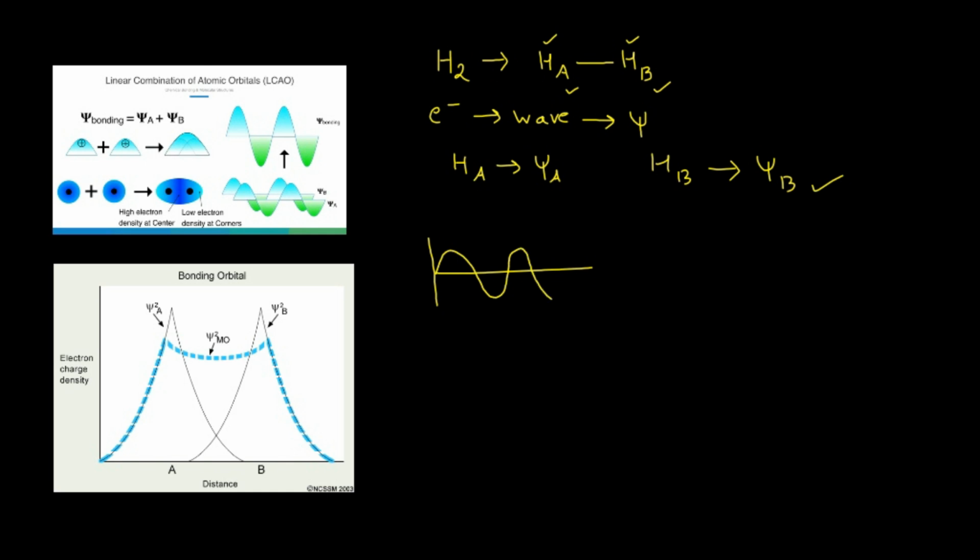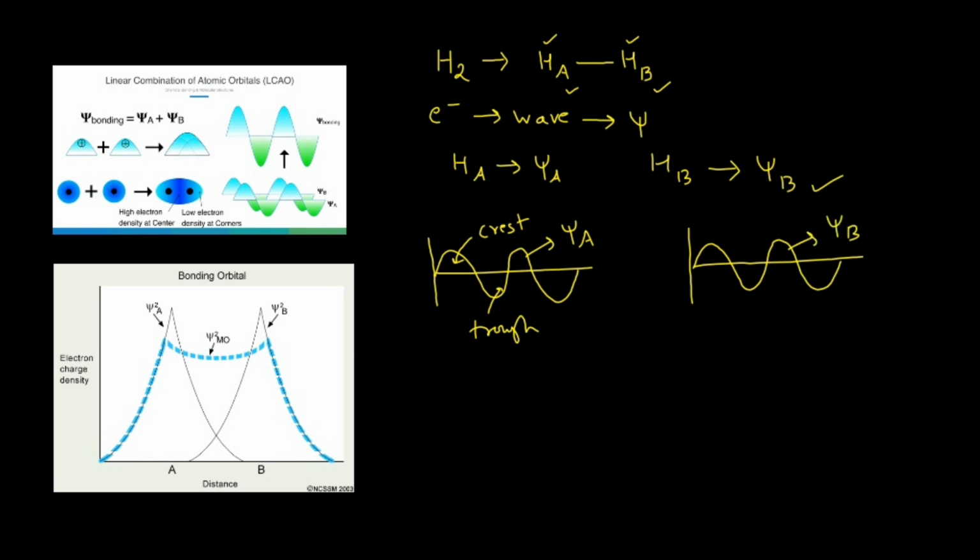The quantum mechanics student knows that. This electron wave is basically a sine wave, and this is the crest, and this is the trough. Say this is the wave function psi A, and simultaneously you will have another wave function of the identical kind for the second hydrogen atom, which I'll call psi B.